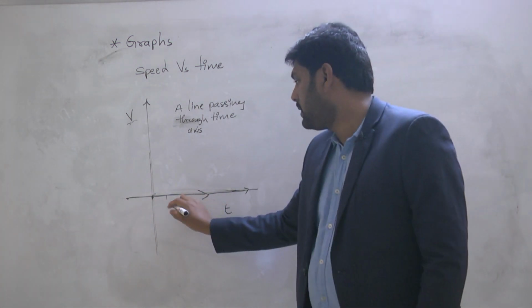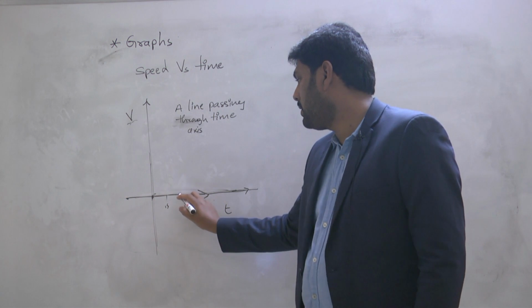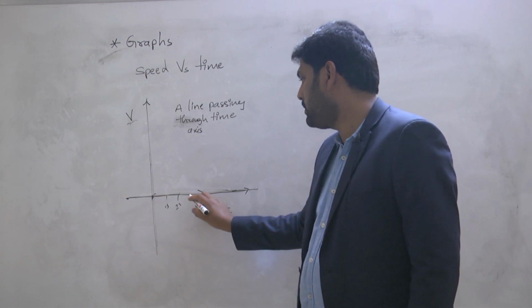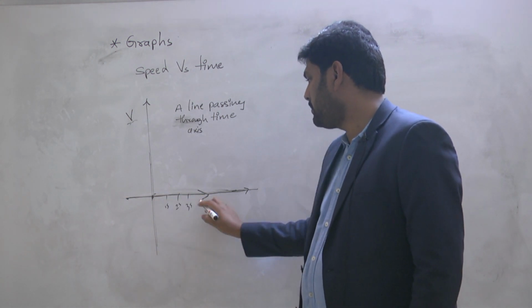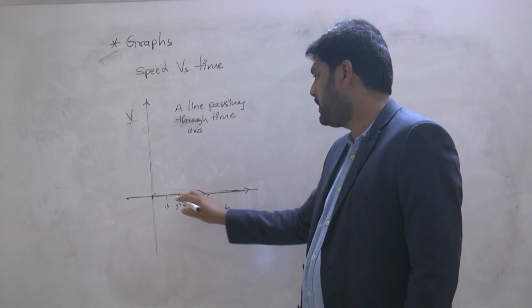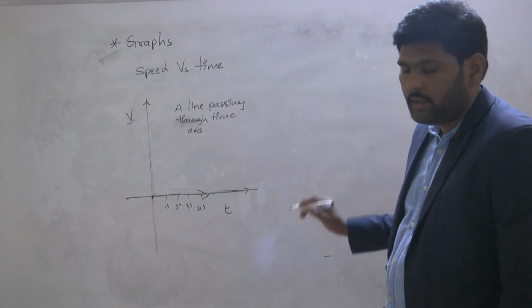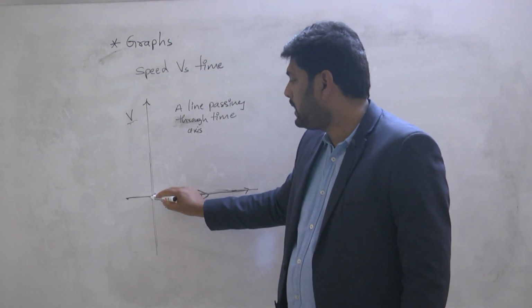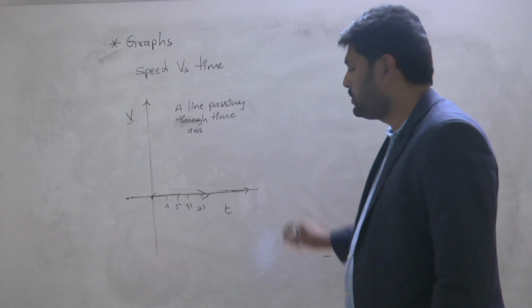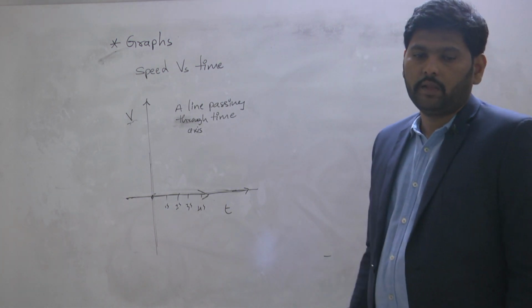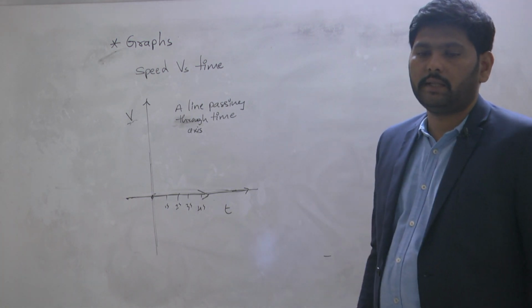For 1 second, what is the speed? 0. For 2 seconds, the speed is 0. At 3 seconds, the speed of the object is 0. At 4 seconds, the speed of the object is 0. As time passes, the speed of the object stays 0. That is what a line along the time axis represents. When speed is 0, we can say the object is at rest.